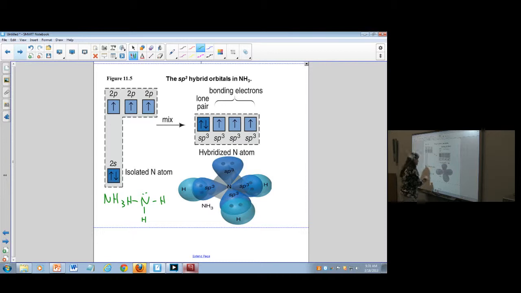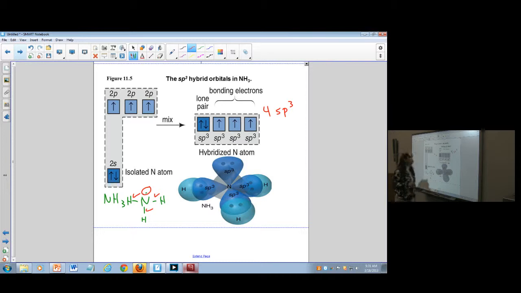So I still need in my molecule here 1, 2, 3, 4 areas of density. That means I need 4 sp3s, 1 s orbital and 3 p orbitals. That gives me 4 sp3s.